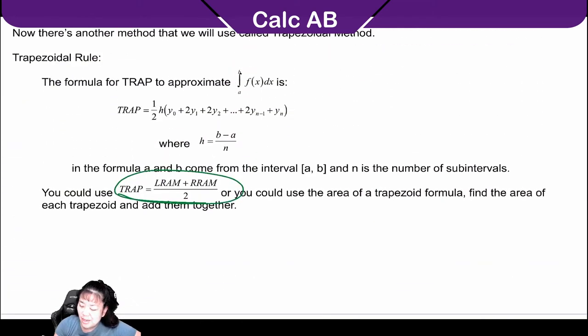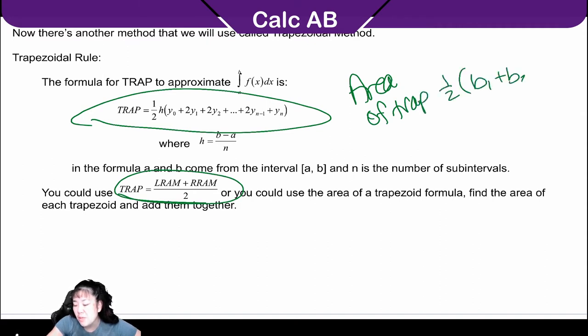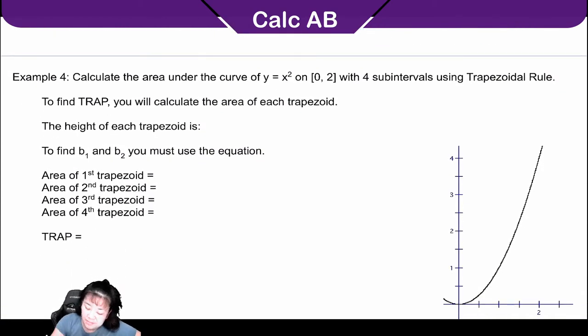So there's this awesome formula, right? But who wants to memorize stuff like that? What do we know? Area of a trapezoid: 1/2 (B1 plus B2) times height. Okay, so we're going to use that.